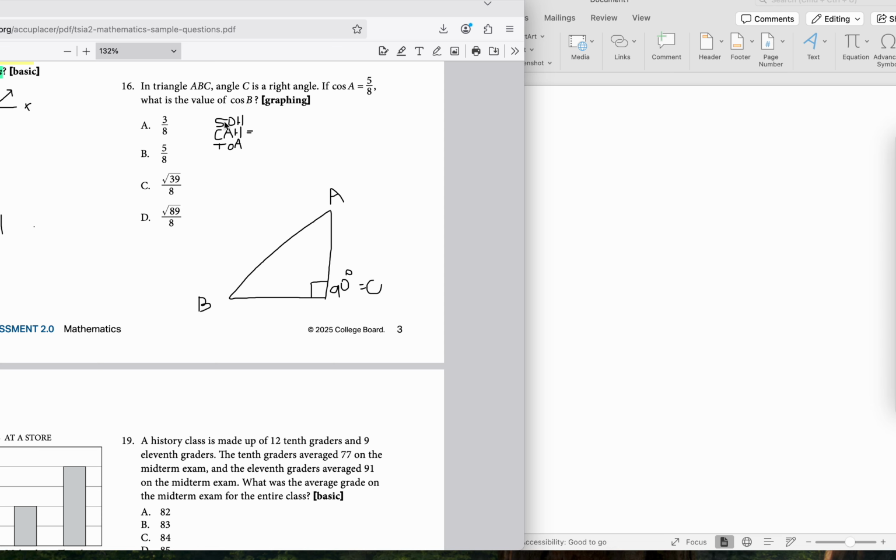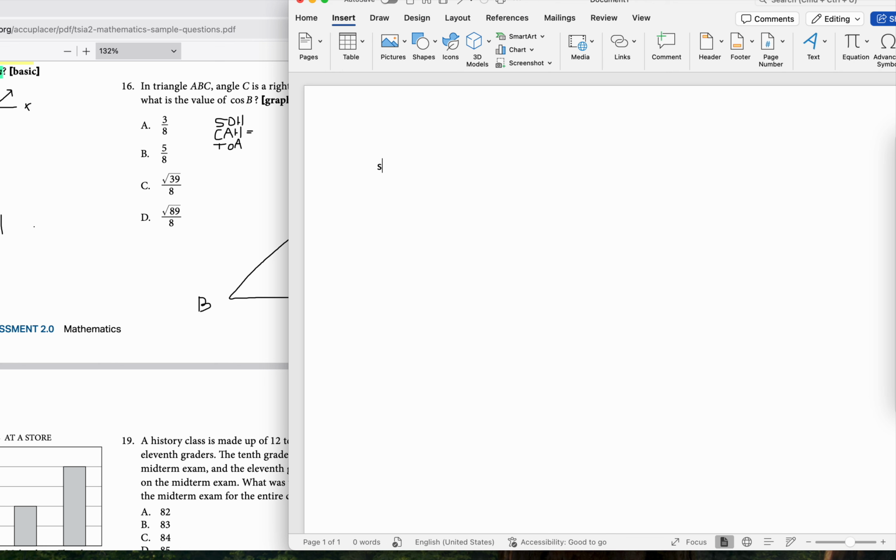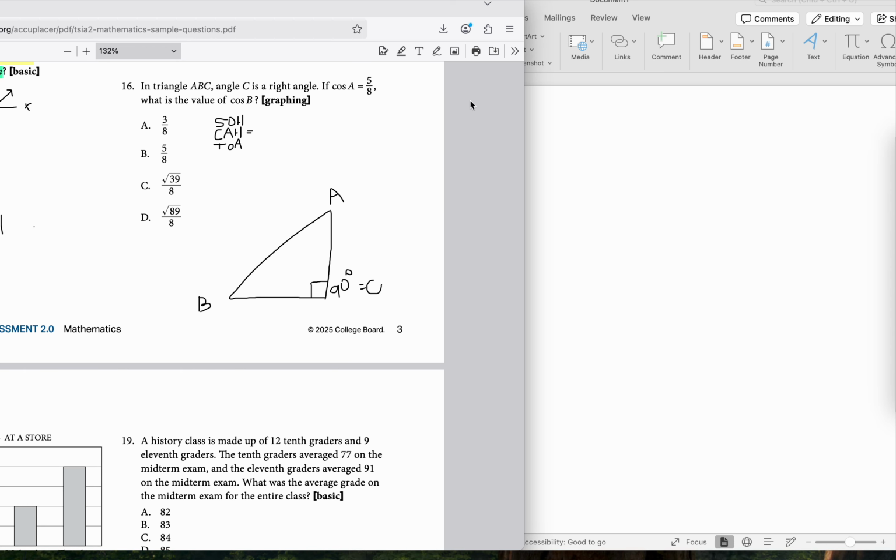We have the sine is always going to be the opposite and the hypotenuse. So the sine is always going to be some fraction where it's the opposite over the hypotenuse. And then you have the cosine.